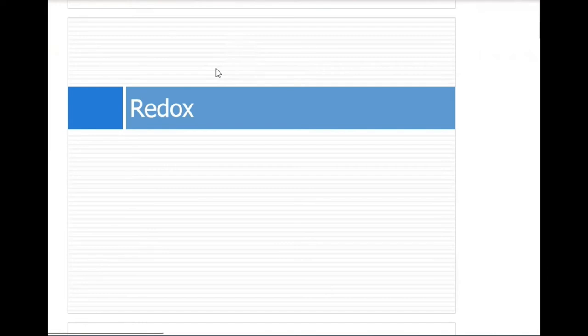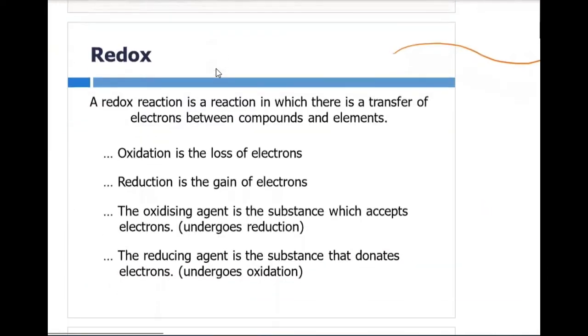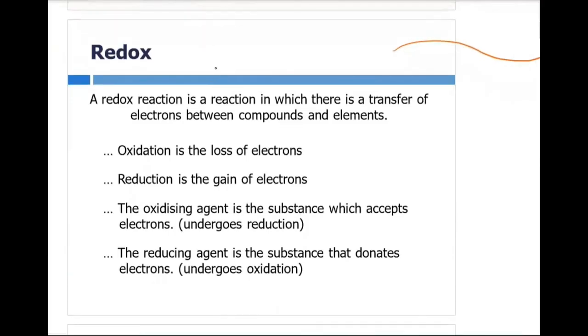All right, so we're going to start by looking at what redox reactions are. The name redox reaction comes from the two reactions that are involved, reduction and oxidation. We will look at what both of these processes mean, but for redox you have to have both of these.